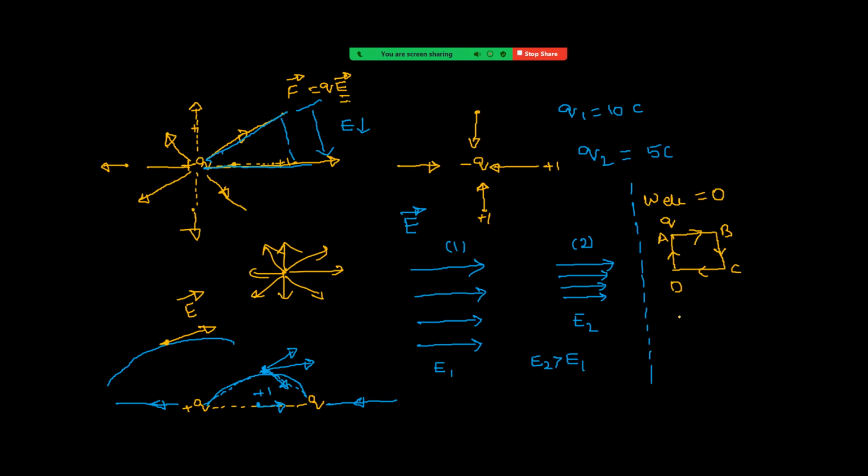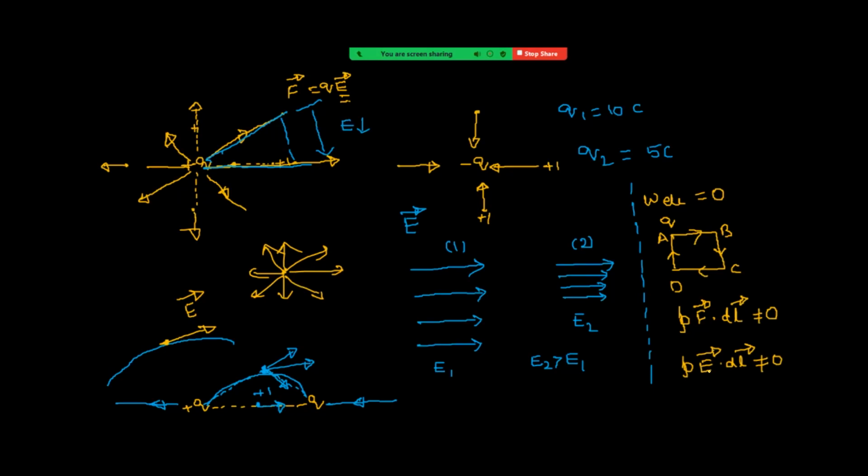So I'm writing here closed integral F bar dot dl bar is not equal to 0. That means closed integral E bar dot dl bar is not equal to 0.